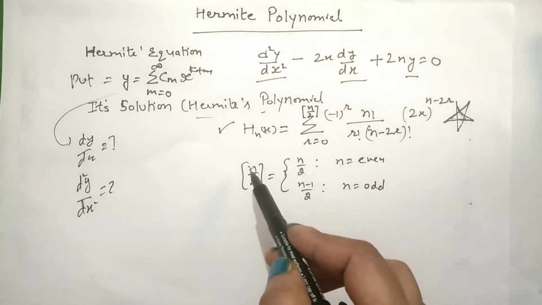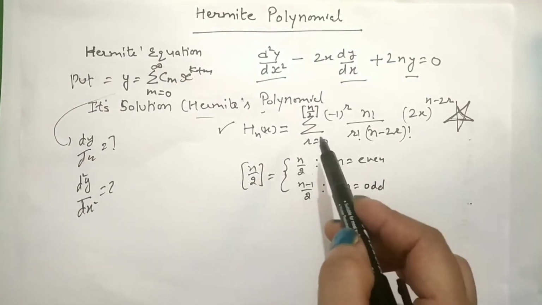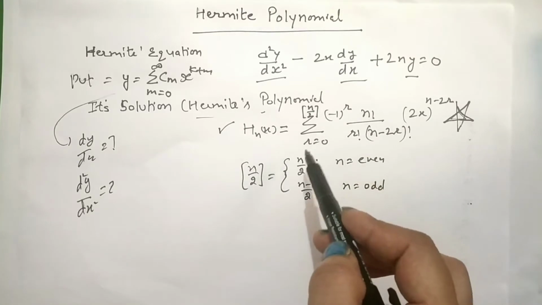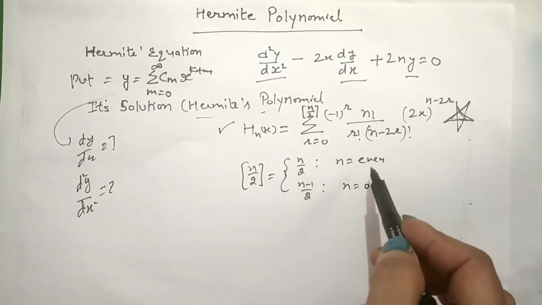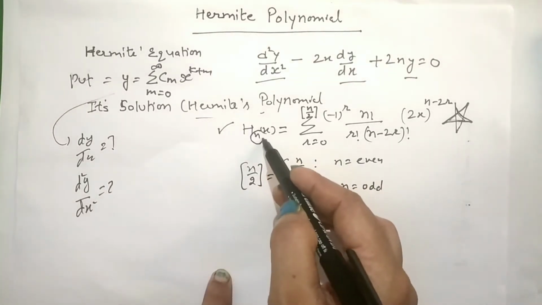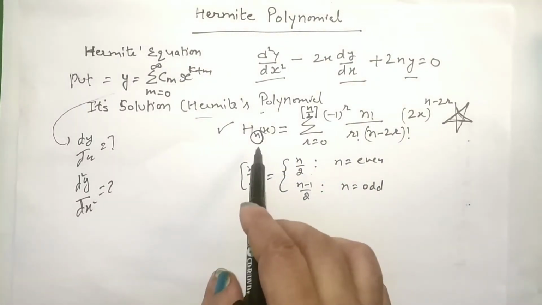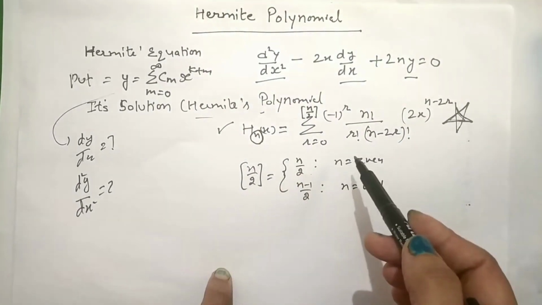One more thing: what does the n by 2 symbol mean? You have to expand this summation up to n by 2 if n is even, as given in the question or problem, because that will be an integer.